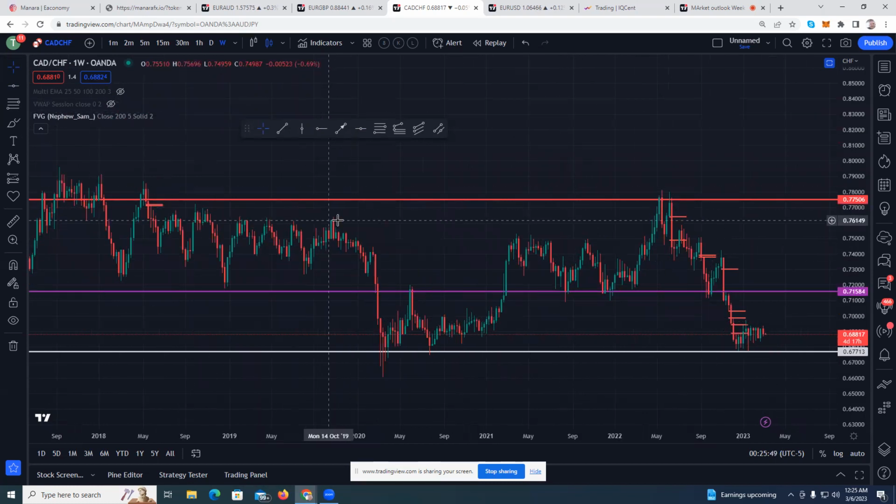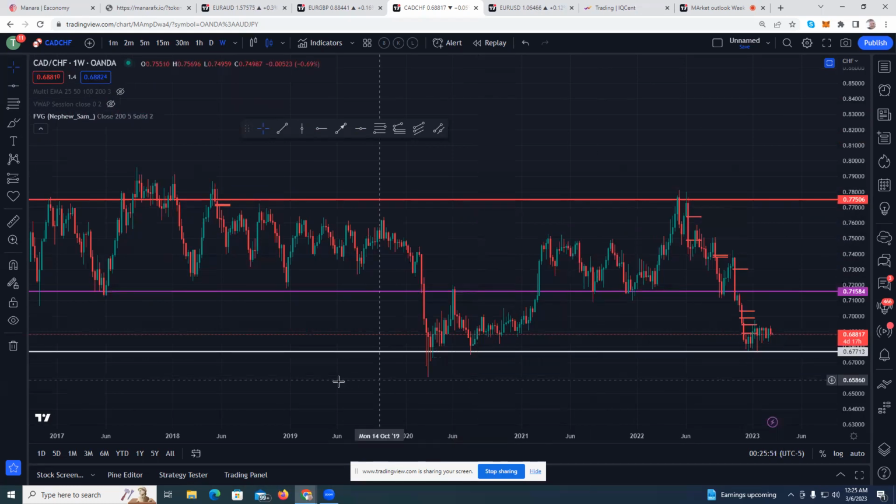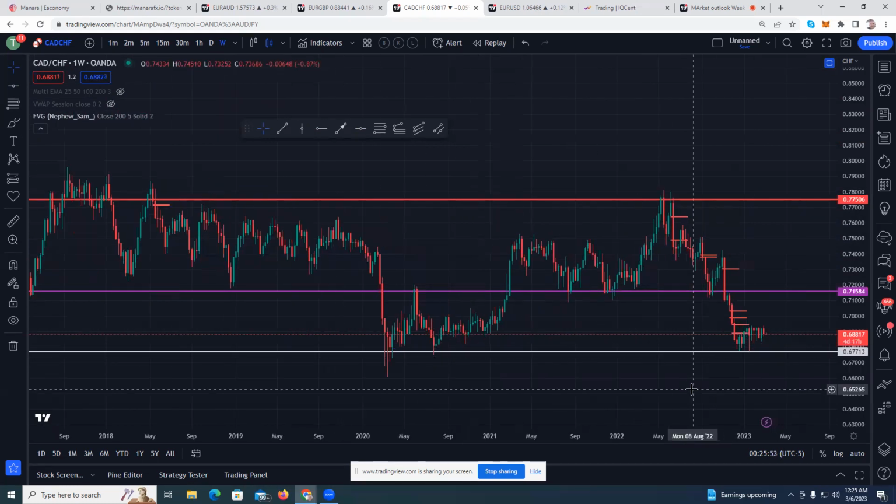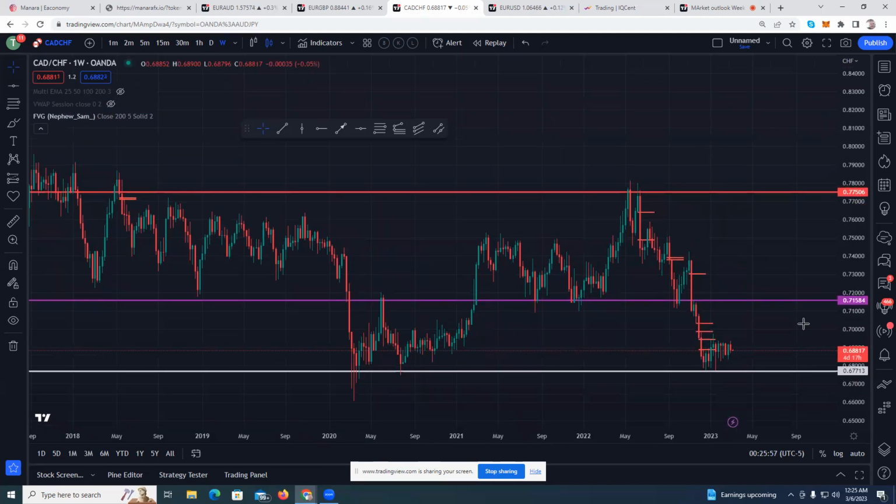This is basic off the weekly time frame, right? We have a strong support area here coming in at the 0.7713 area, 0.700 area.